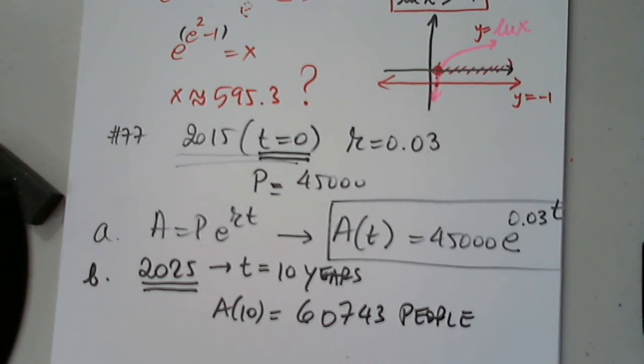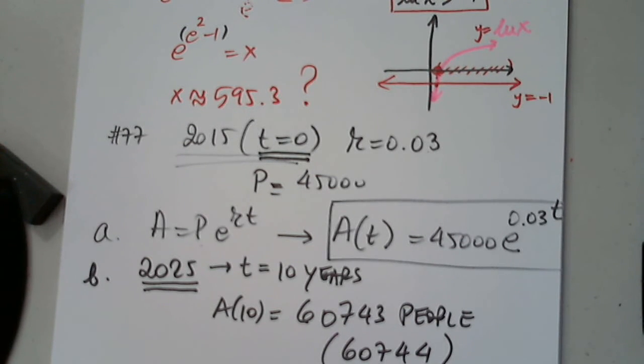If you want to consider the rounded up, then you will say 60,744. Okay? I'll put both. Sometimes these books require different things. So both. Fine.